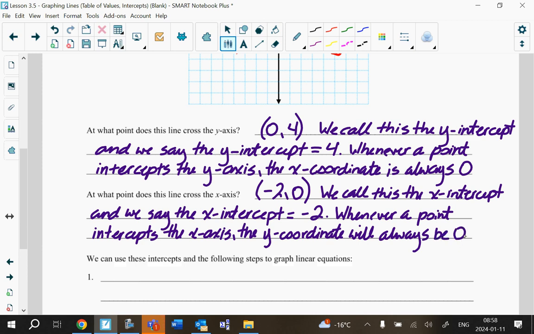Okay. So we use that reasoning to find the 2 points and sketch the graph.